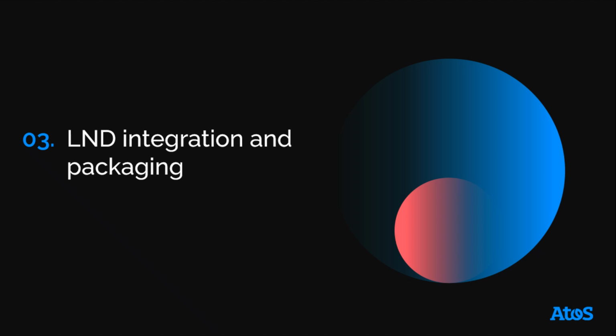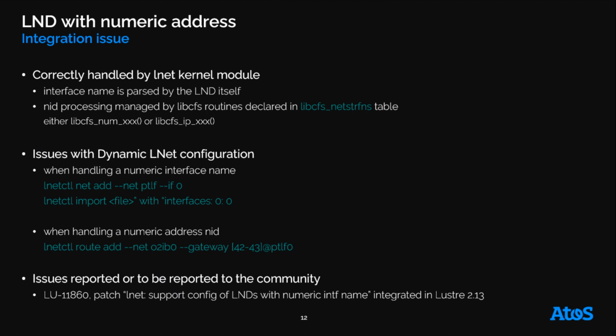Let's talk now about Portals LND integration and packaging issues. Portals LND uses numeric addresses, contrary to the socket LND and O2IB LND that use IP addresses. This is properly handled on the kernel side with the libcfs netstring function and the address pointer table that differentiates numeric and IP addresses.